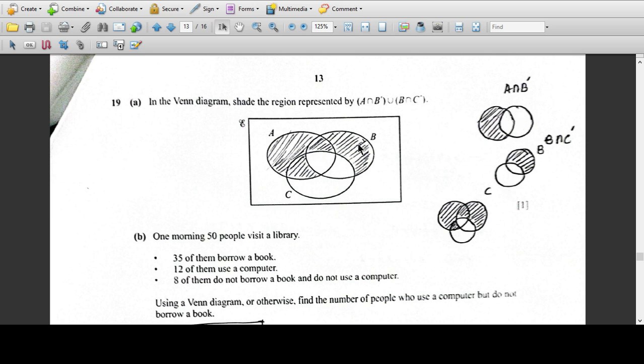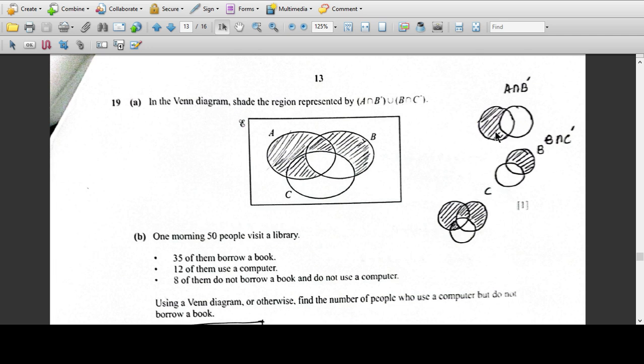This is A, this is B, and A intersection B. Because B bar is everything outside B, A intersection B bar will be only the A part, and the intersecting part will be free. So A intersection B bar can be placed like this.